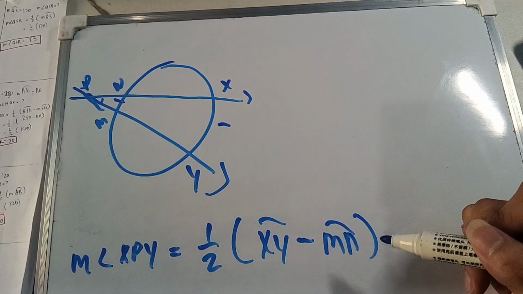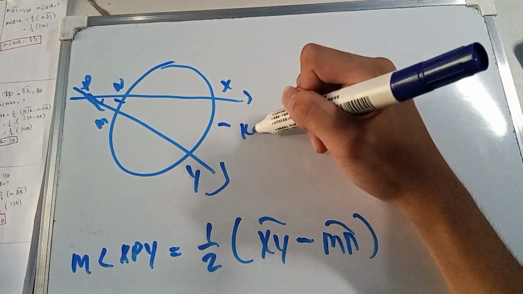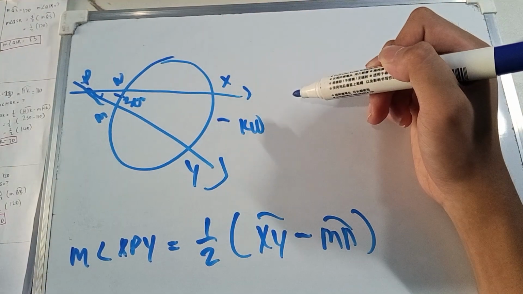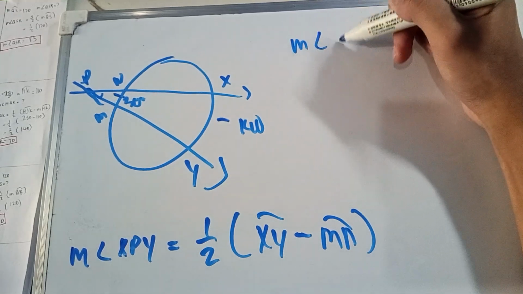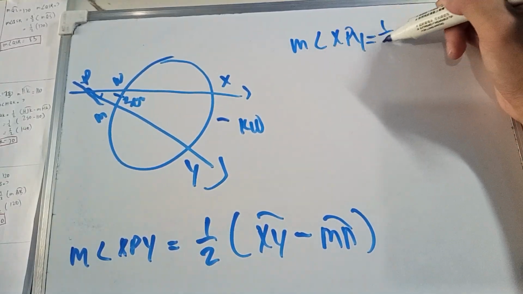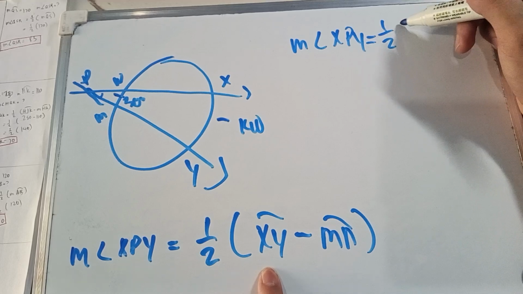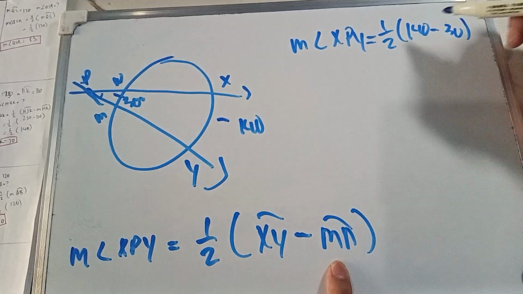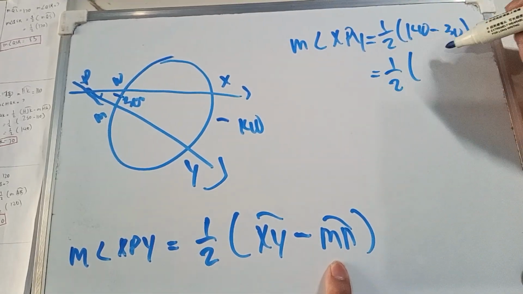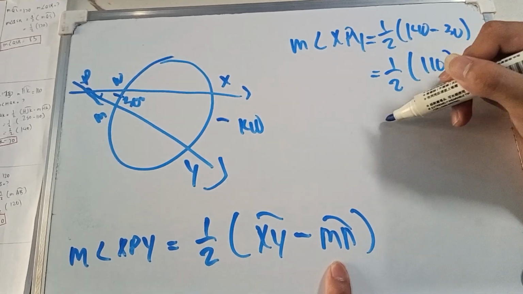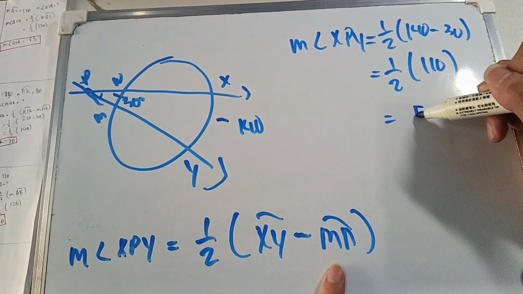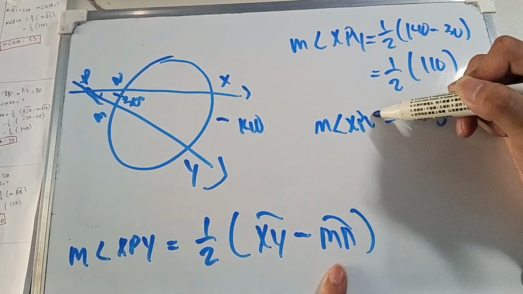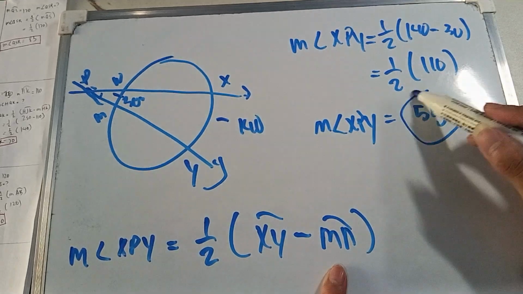Okay, let's say that the value of arc xy is 140 and arc mn is 30 degrees. So the measure of angle xpy is equal to 1/2 of arc xy, which is 140, minus arc mn, which is 30. So that is 1/2 of 110, and 1/2 of 110 is 55. So angle xpy, or this, is 55 degrees.